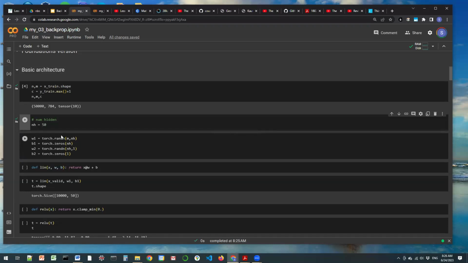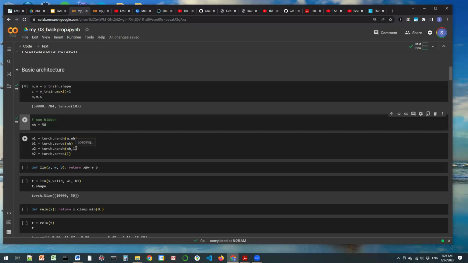We initialize the shapes, and why these shapes are the way they are is something that you should work out for yourself. The first layer will have weights of 50,000 by 50, if you will. The bias will be similar to what the output value will be for the first layer, so it will be NH. The weights would be NH leading to 1.